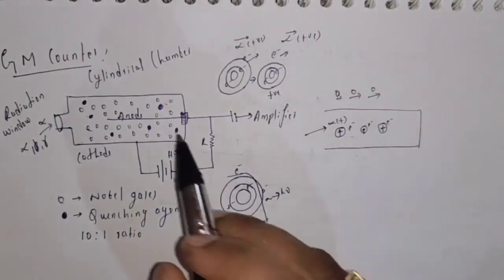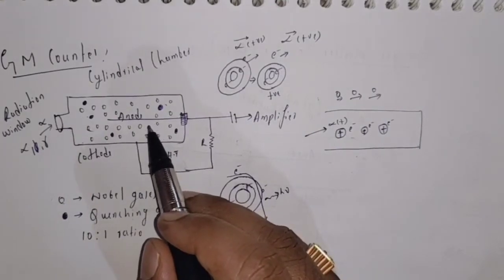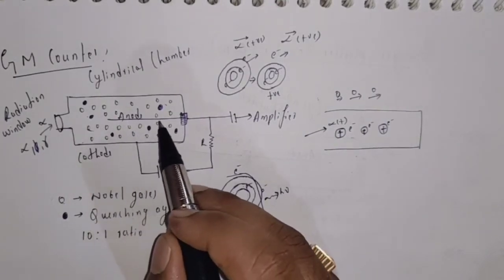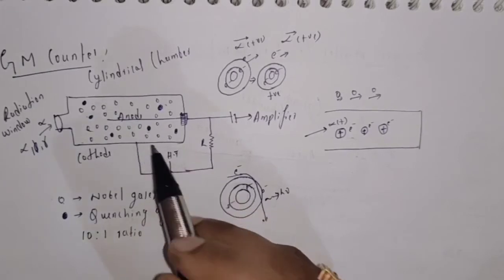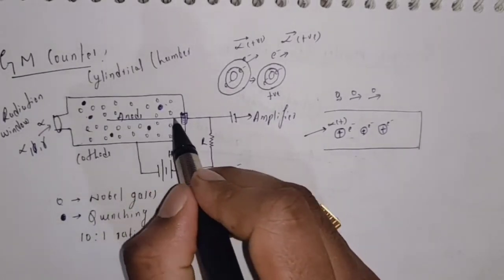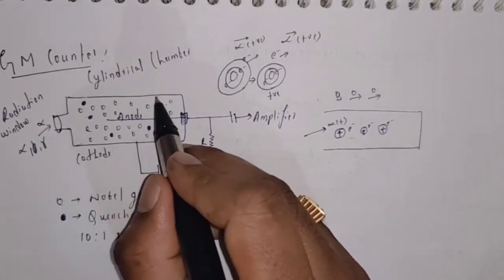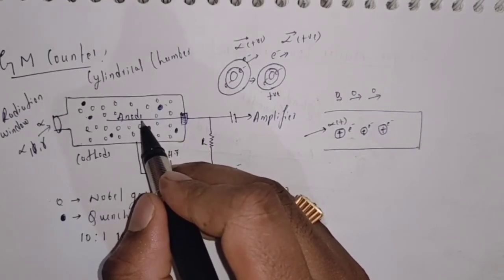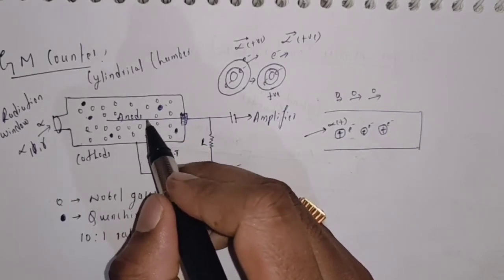Here the high voltage in the tube produces an electric field. The anode has a positive charge and the cathode has a negative charge, and it produces an electric field inside the tube.